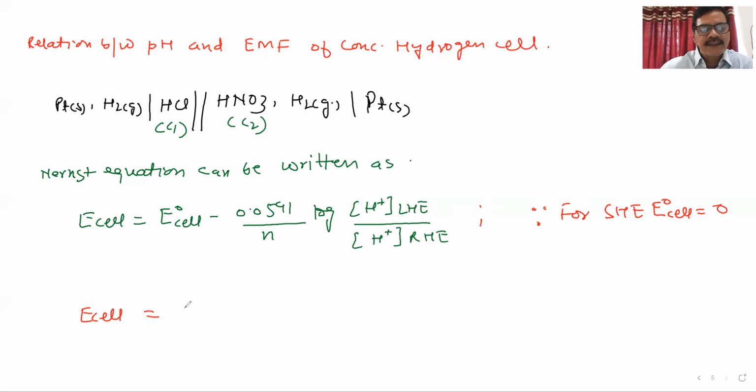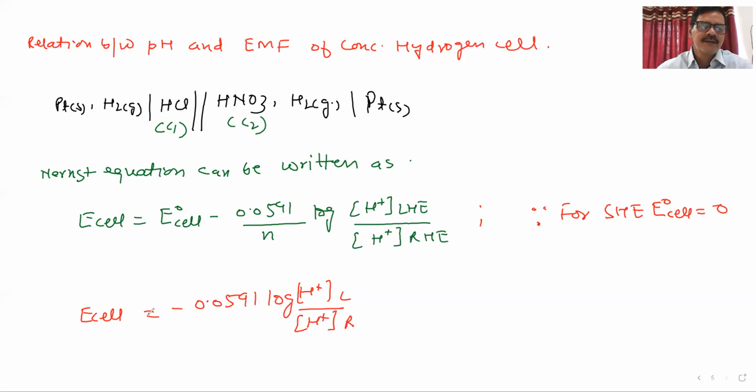So it can be written as minus 0.0591, and n is 1, divided by log of H positive of L, meaning LHE, upon H positive of R, meaning RHE.